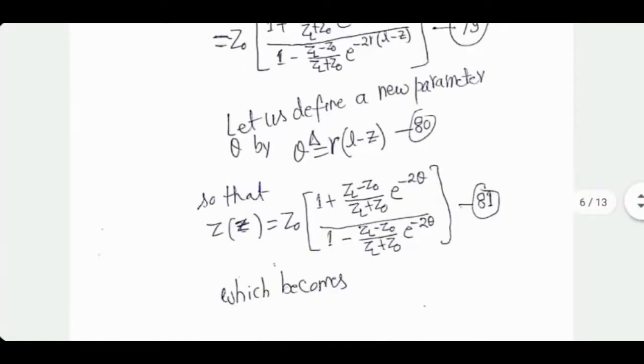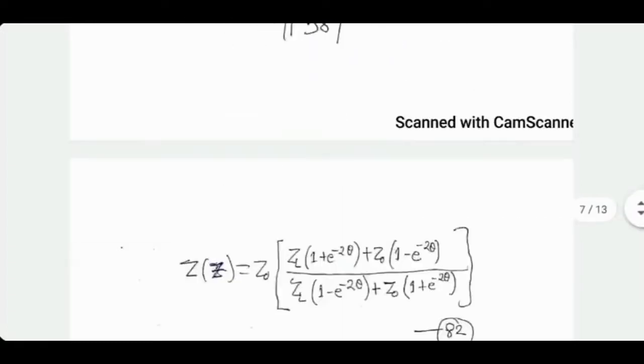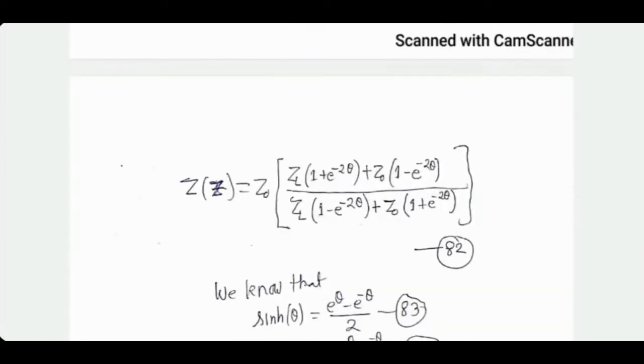So that the formula is now written as in equation 81. It's easier to simplify that. What I do is I expand the numerator and denominator on the right hand side of 81 and collect all the terms containing ZL and Z0 together. So that I get equation 82.